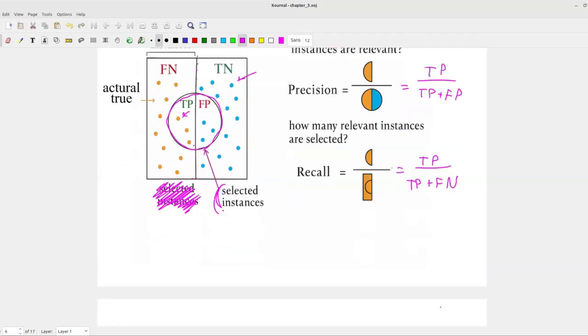So it can get a little bit confusing to always be thinking about these three numbers.